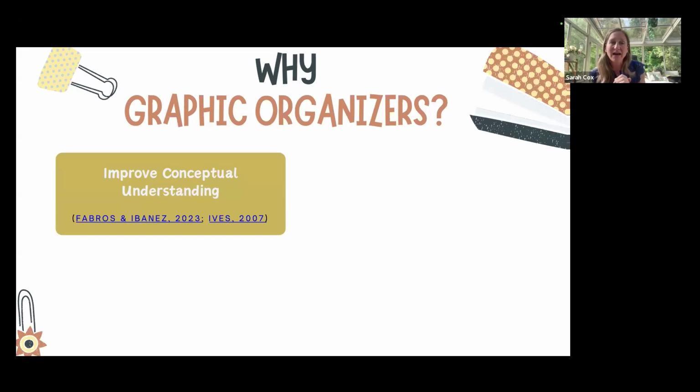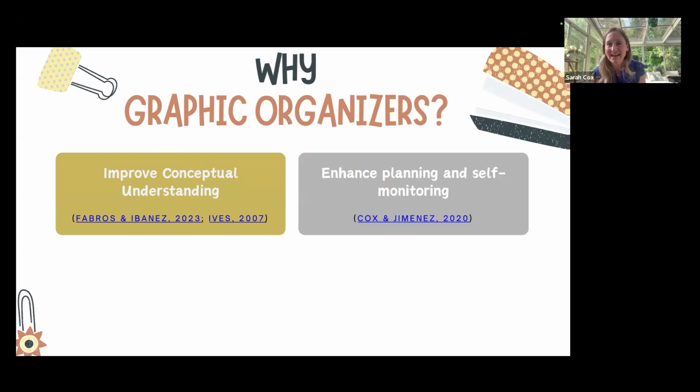Fabros, Ibanez, and Avez have done these two studies and have found that graphic organizers can, in fact, support students in improving their conceptual understanding. And we'll see some graphic organizers here in a minute that are built to do just that. The other thing that they can do is enhance planning and monitoring.